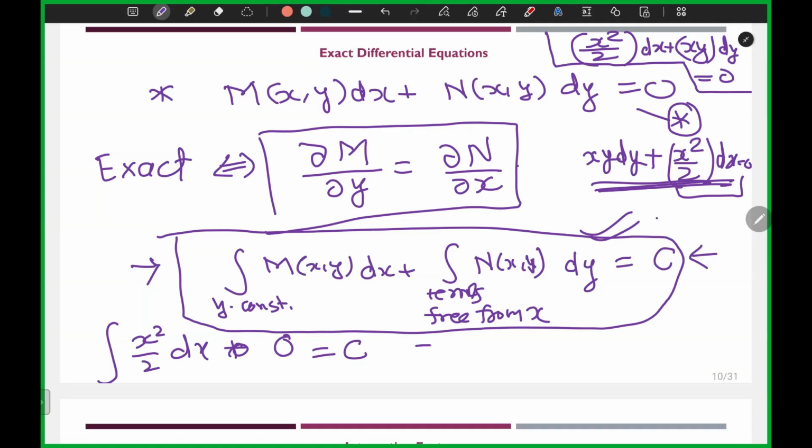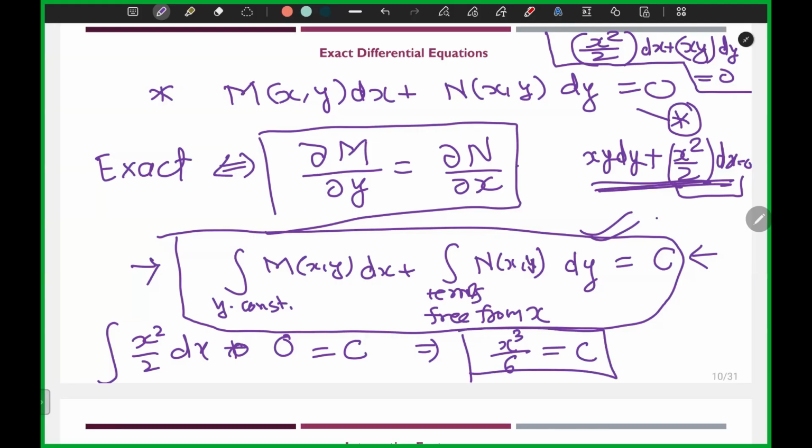It is nothing but x square by 2, xy dy, x cube by 6 equals c.